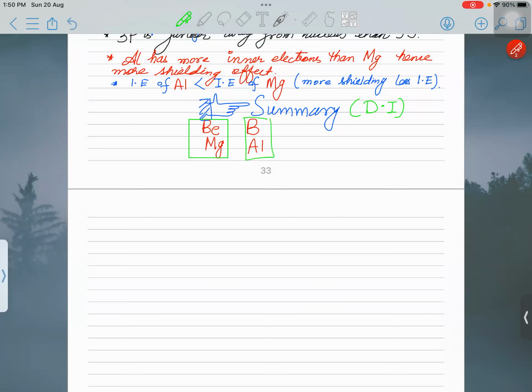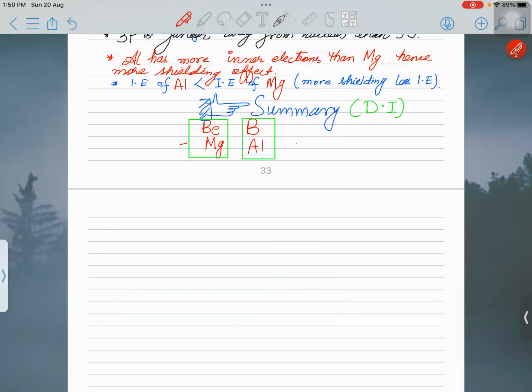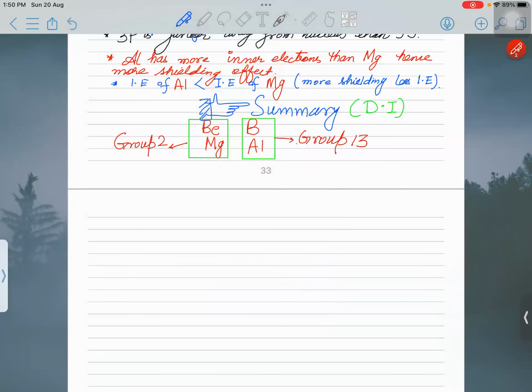Yes. So beryllium. It means you know that it is group 2 and this is group 13. According to prediction, group 13 should have more ionization energy than group 2.